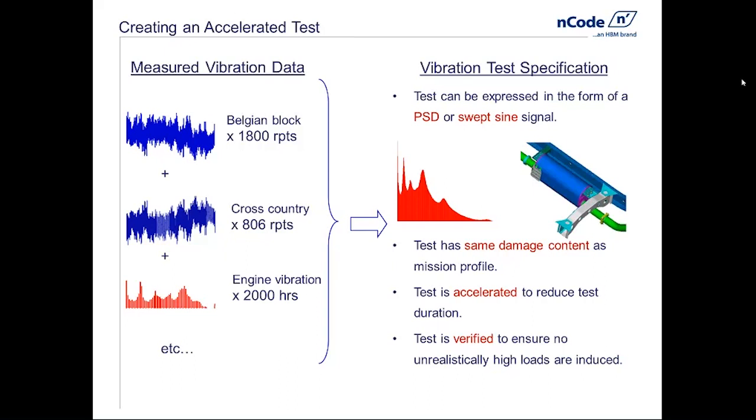If that metal-to-metal contact occurs on the test rig because the test is too far accelerated, and it didn't occur in the measured vibration data, then we can run into failure modes that change, and we end up with the familiar old scenario of the test runs, part breaks, and everyone says, well, that wasn't supposed to happen. I think we may have tested this wrong. Let's try this again. So we need to accelerate a test, but also do it in a sensible way.